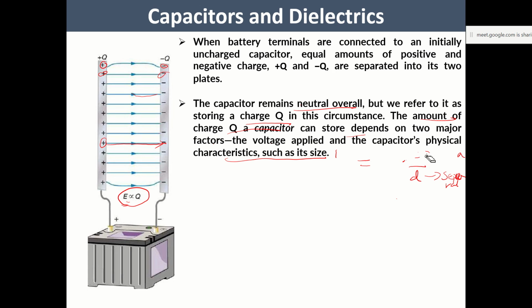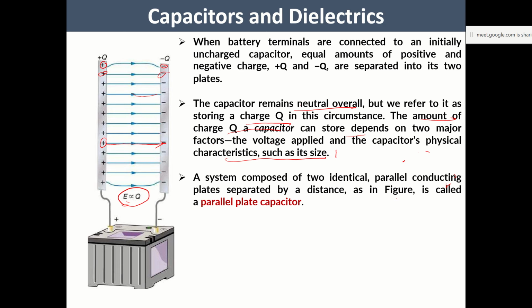And in terms of storing charges, we can see that E is directly proportional to Q. That's what we are writing. So the electric field produced between the two plates is proportional to Q. You should also know that the voltage, the potential difference produced, V, is given by E into D, the distance.